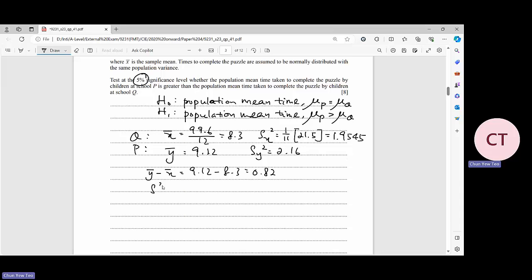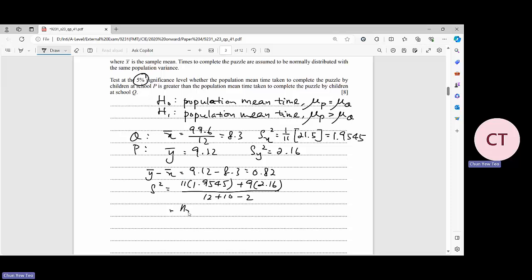Then after that, we combine the two variances together as a combined variance. The combined variance will be 11 multiplied by 1.9545 plus 9 multiplied by 2.16, divided by 12 plus 10 minus 2.